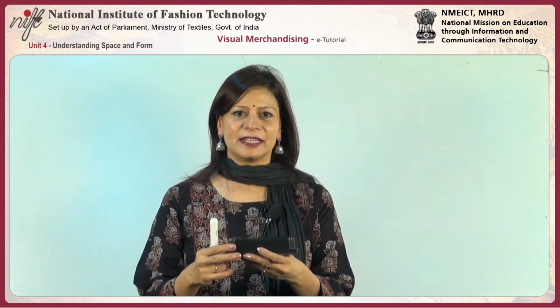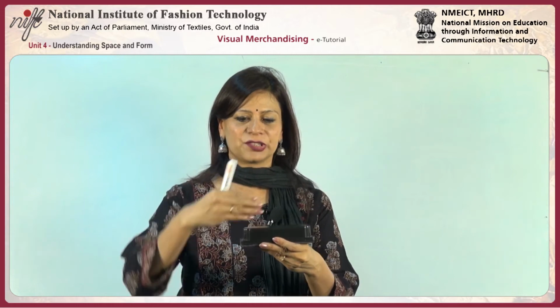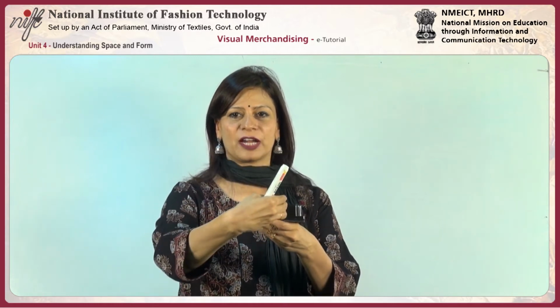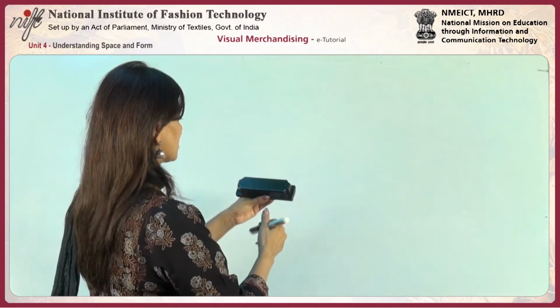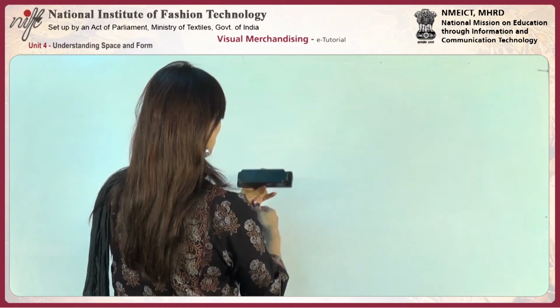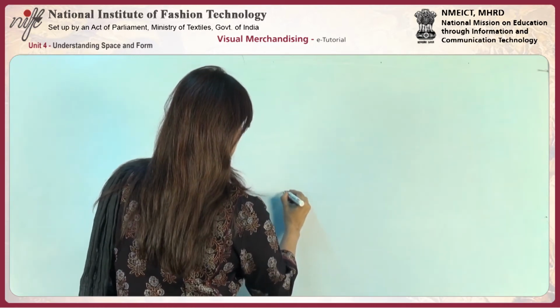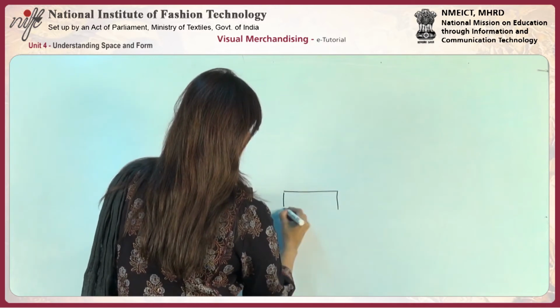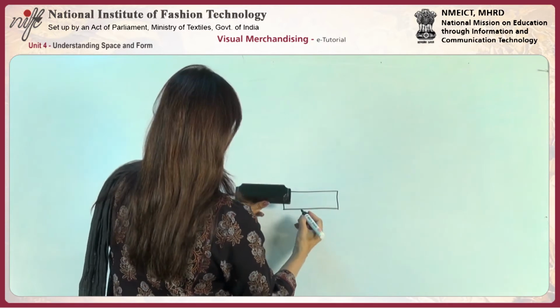Let us understand the orthographic projection for this duster. So as mentioned, the top view, the front view and the side views. So let us draw it. This is our top view. This is how it looks from the top. So let's take the outer rectangle. So this is our outer rectangle.